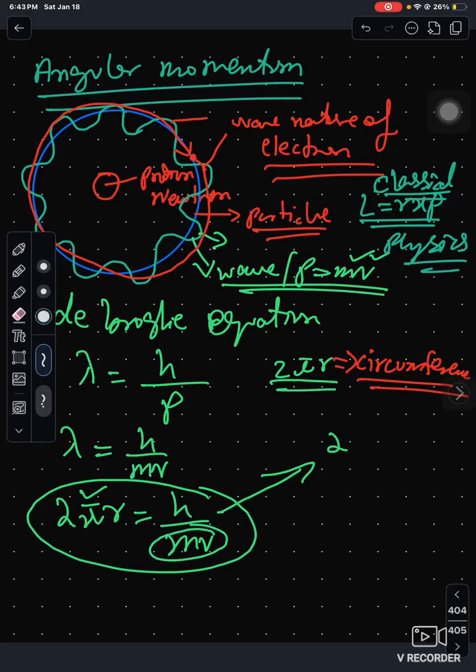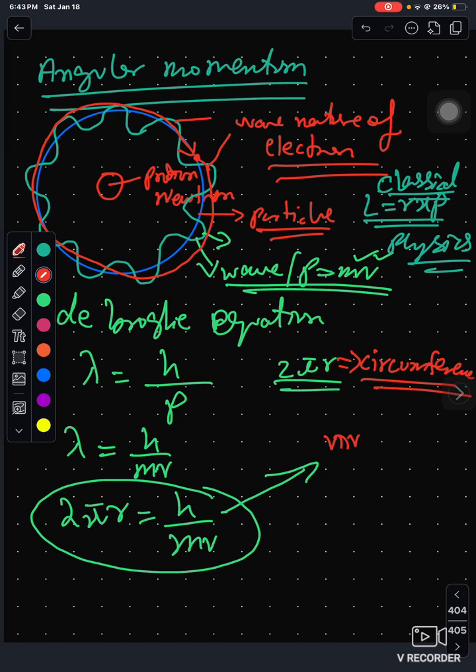So what we get is mv is equal to h over 2 pi, this is r, and what do we get here? It is mvr is equal to h bar.